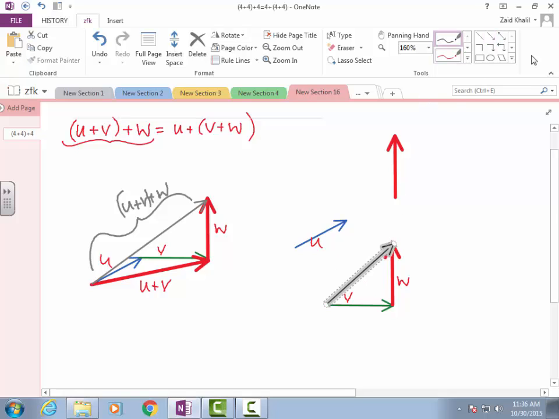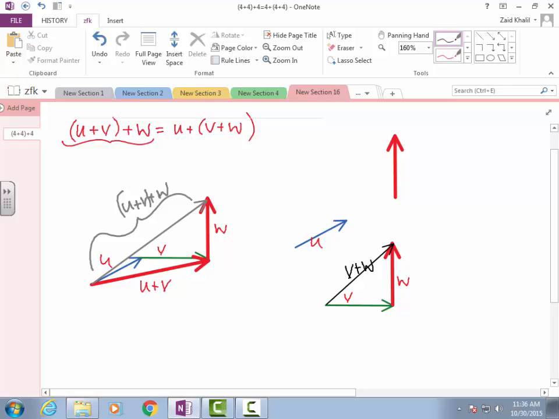And so that right there is v plus w. Where did I lose it? I lost the v. Whatever. This is v plus w. Then what do I do? I take that and I translate that to u.